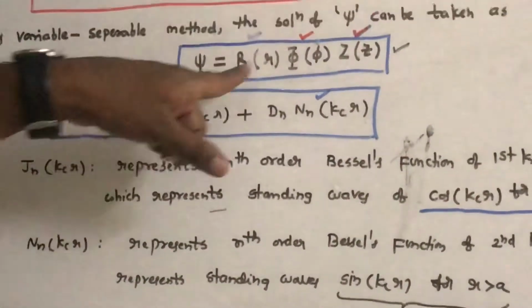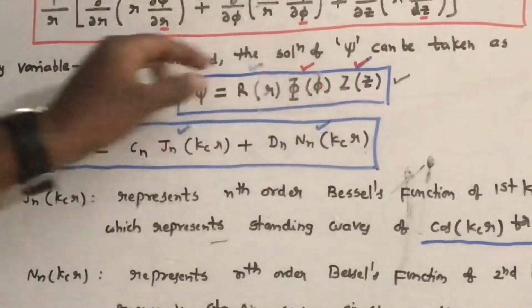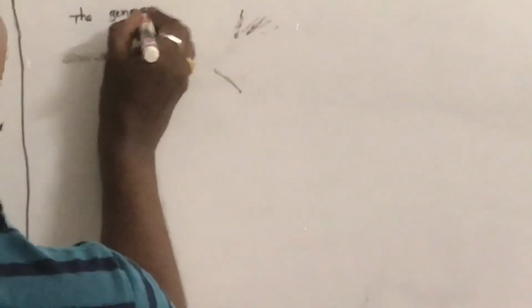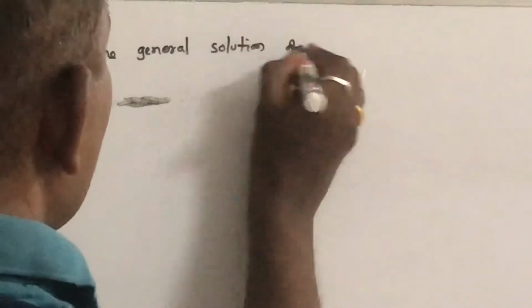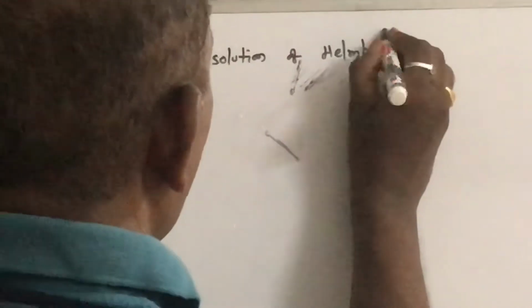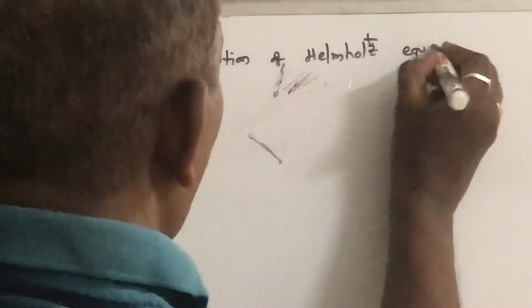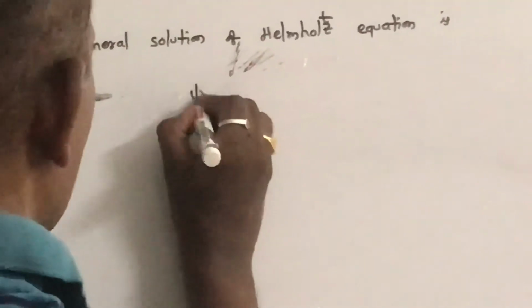Now substitute R of r, Phi of phi, and Z of z that we have calculated in this generalized solution. So the general solution of the Helmholtz equation is psi. What is R of r?